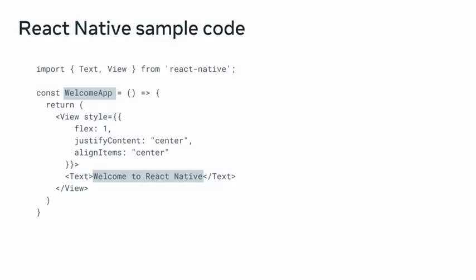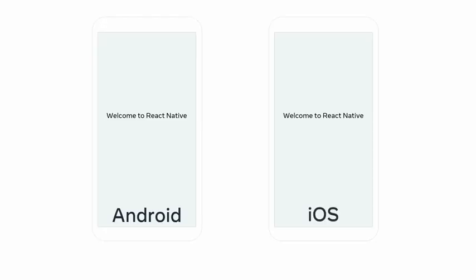Notice before text and view can be utilized, you need to write an import statement to extract each of them from the originating package, which is React Native in this case. Finally, there is some styling for the view component to ensure that the text is centered. When rendered, the code renders the text "Welcome to React Native" on both native Android and native iOS devices. One code base is shared between two platforms.